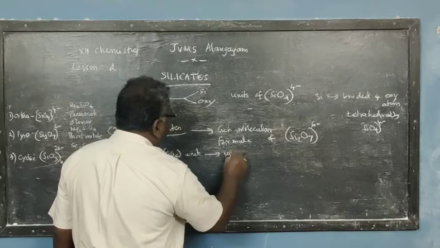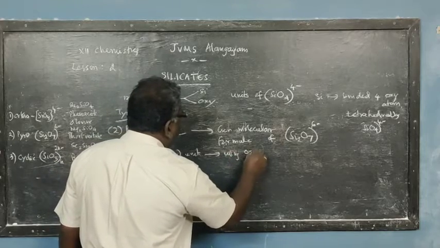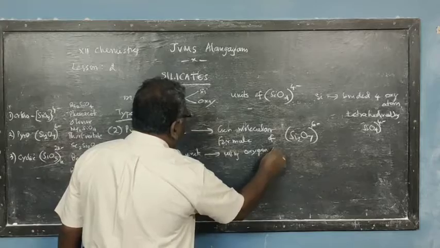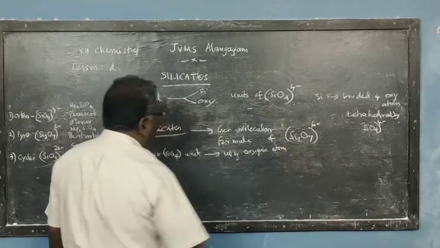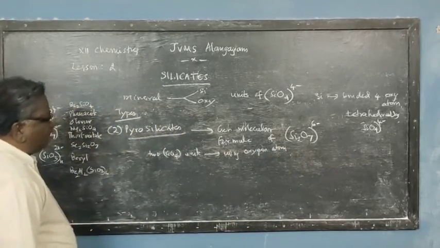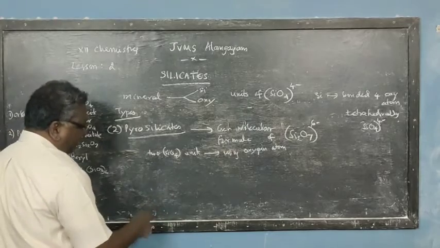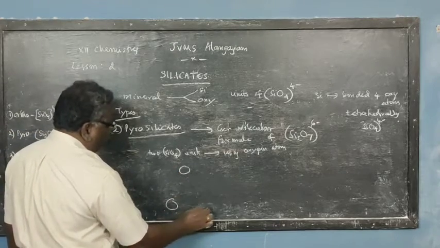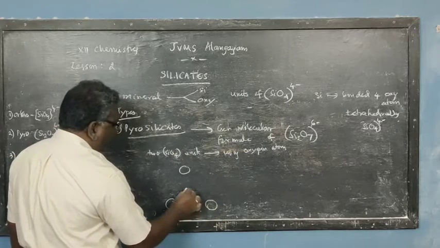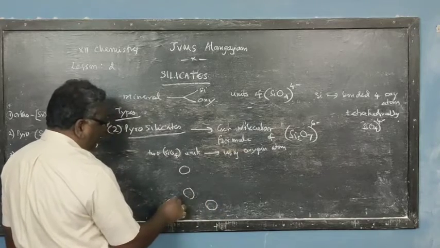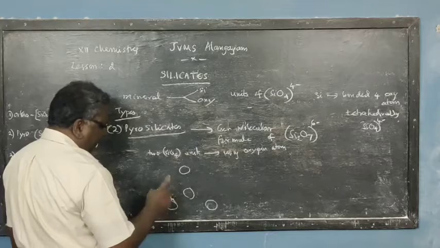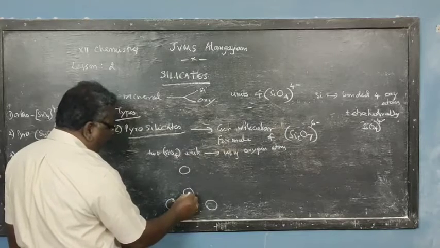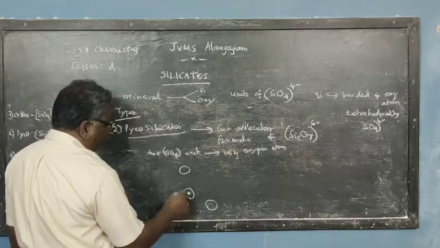Using an oxygen atom, right? So it is represented like this. So this is one silicate, SiO4, and silicon is at the center, right?